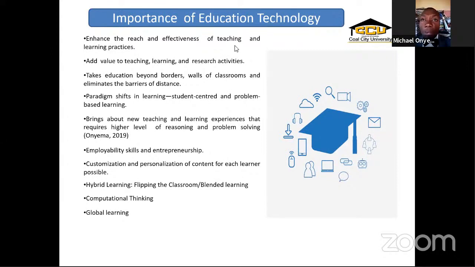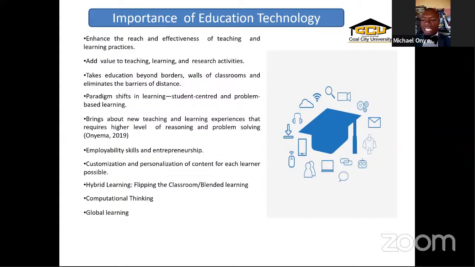There's this concept of flipped learning, or flipped classroom, whereby students have access to materials prior to classes, read them ahead, and then discuss them together with the teacher. That's the concept of flipped classroom or flipped learning. Education technology is playing a role in this direction. It is student-centered. Students can now take ownership of their own learning.